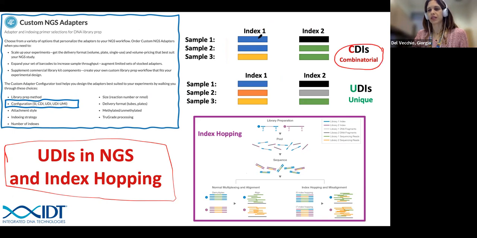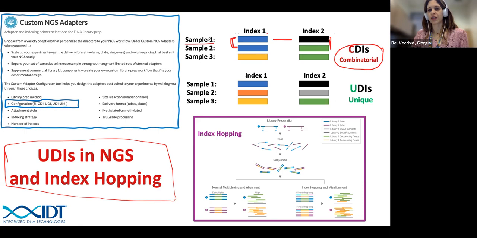This means that I have a set of barcode 1 and a set of barcode 2, and I'm labeling each sample with a unique combination of the 2. So even if I have 2 index 1 that are the same, 2 blue and 1 yellow, index 2 is different. So the combination is different.